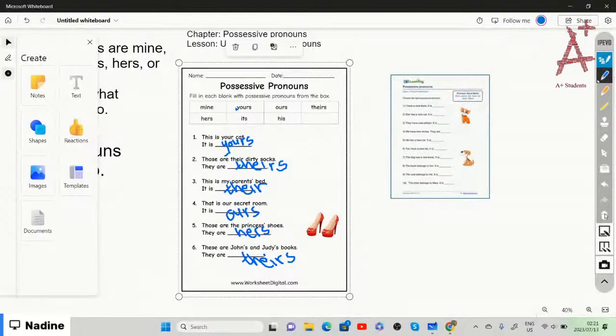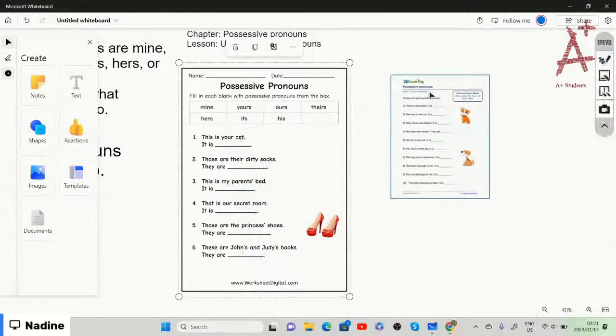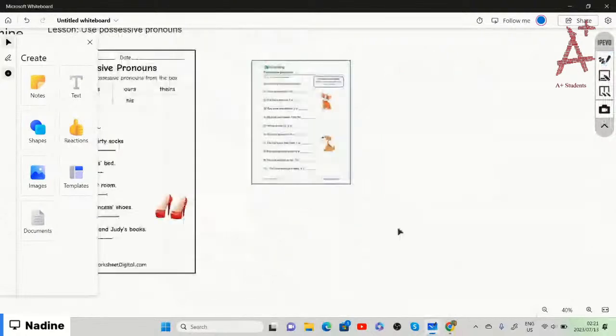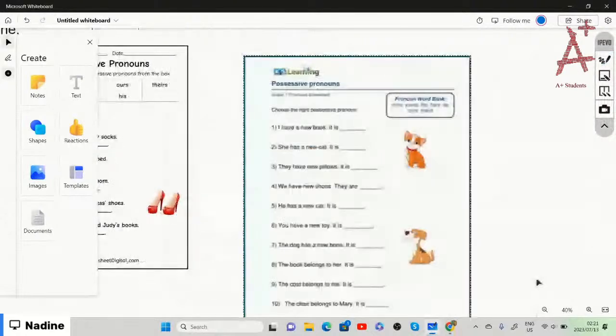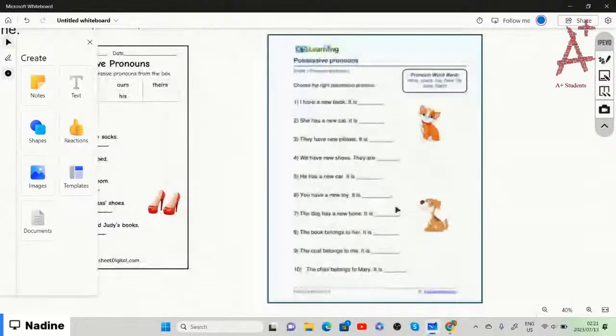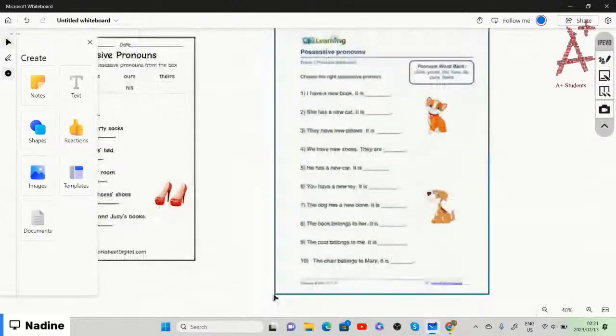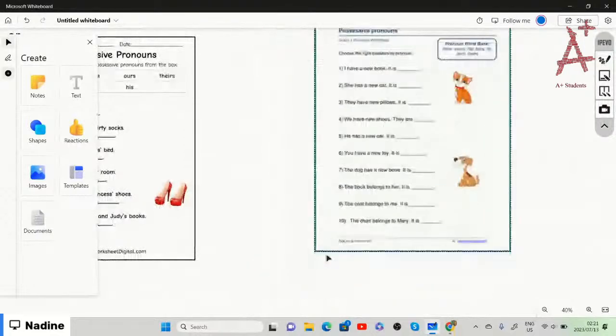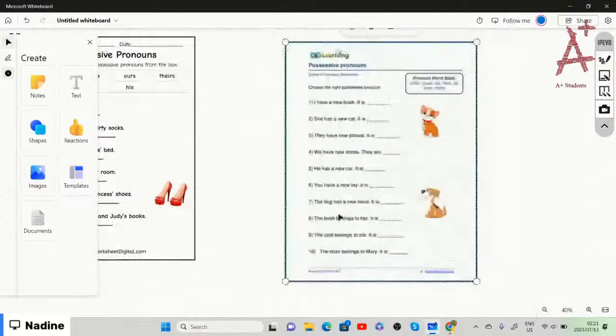Right? All right. Now, let's look at the next activity that we have.